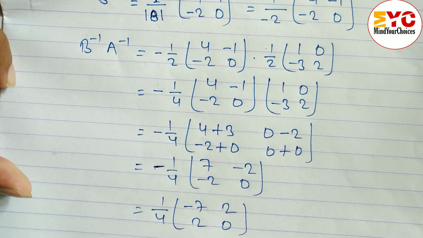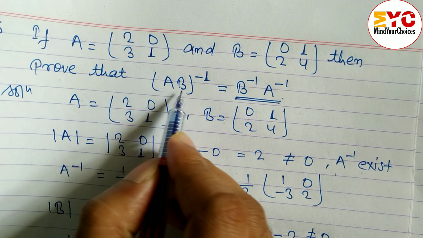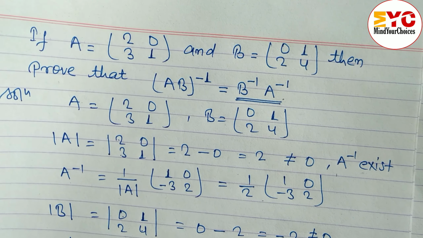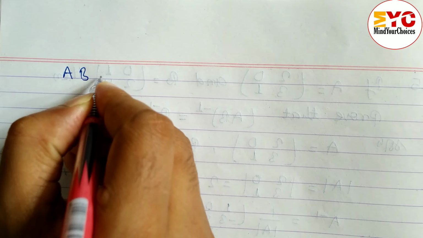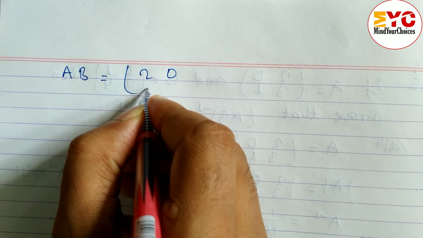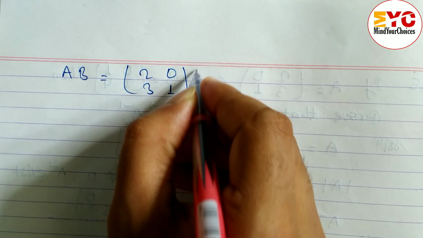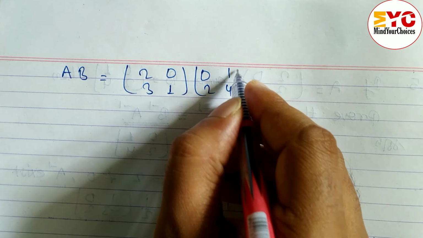Now we have to find the value of AB. First of all, we find the product AB, then we find its inverse. A is equal to 2, 0, 3, 1 and B is 0, 1, 2, 4.